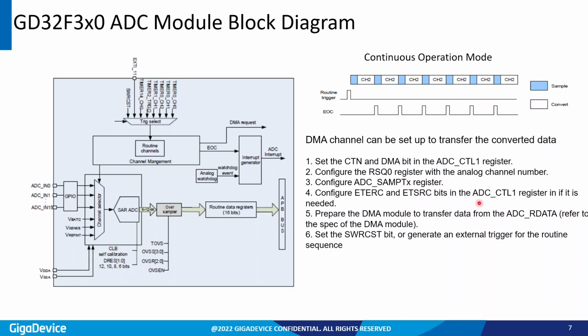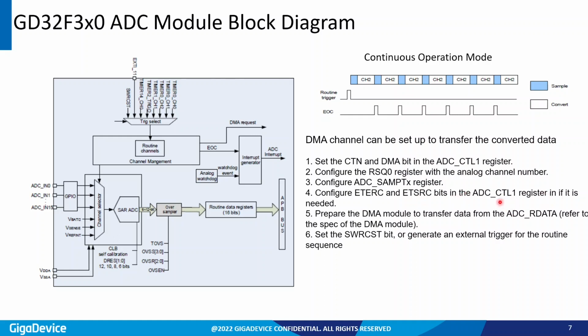Then there are also 2 more bits that we need to set in the ADC control register: the external trigger enable for routine sequence and the external trigger select for routine sequence.